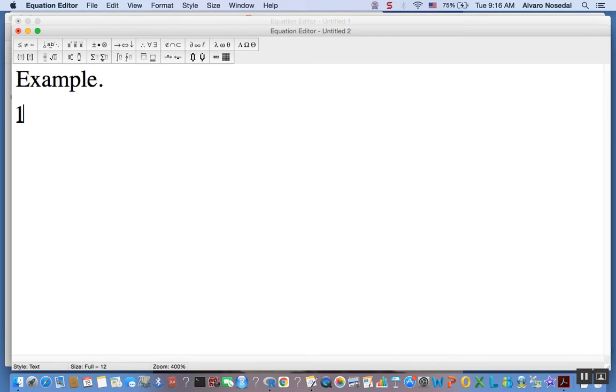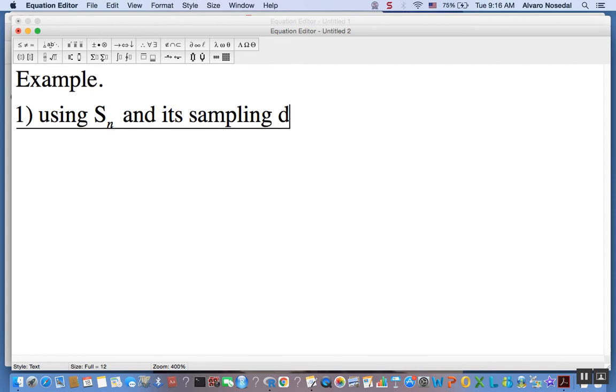Approach number 1. As I said, what we're going to be doing here is using Sn and its sampling distribution, which is just fancy statistical jargon for its probability distribution.